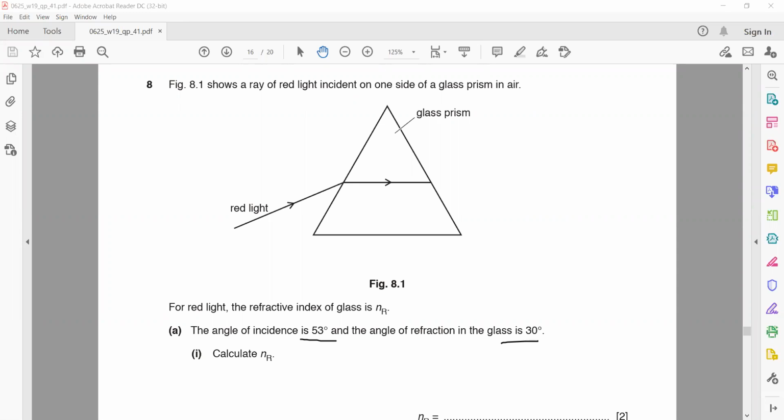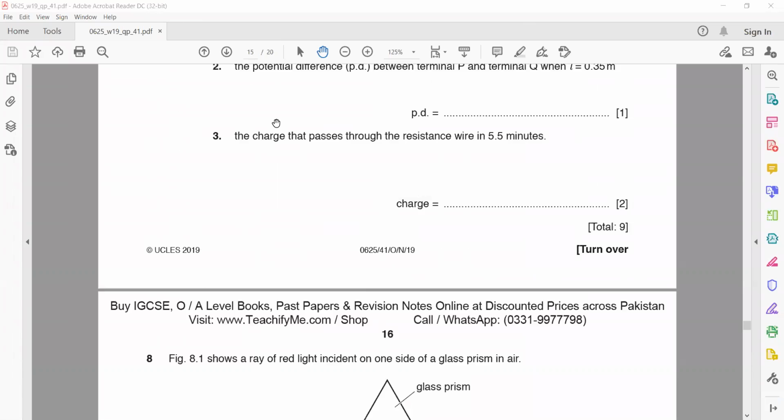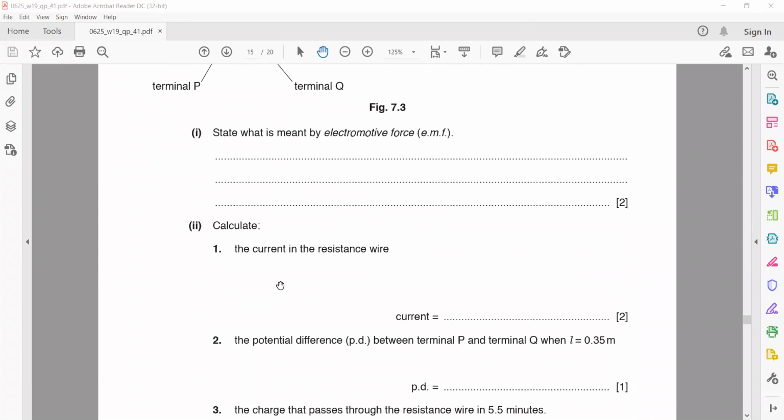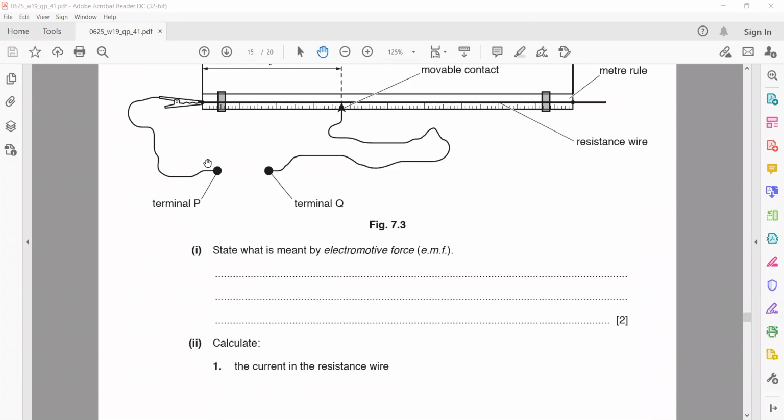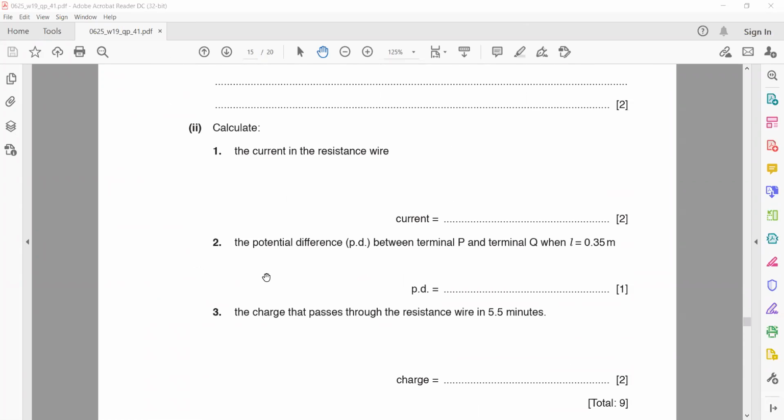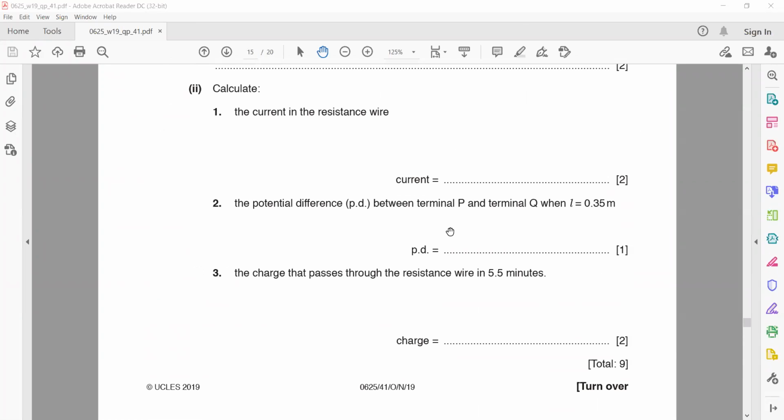Sorry, Hamza. Yes, Hamza. Sir, in question 7, part B2. Yeah, this one, part B. This is part B2. Yeah. 2, yeah. The potential.